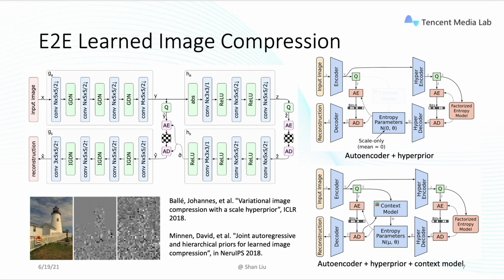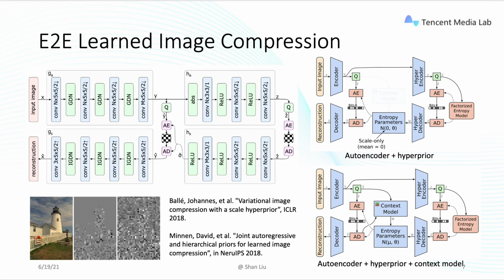respectively. Then the right side adds a hyperprior, which contains transforms H analysis and H synthesis. H analysis transforms Y to the hyperprior Z, and Z is then quantized and compressed using the factorized model.